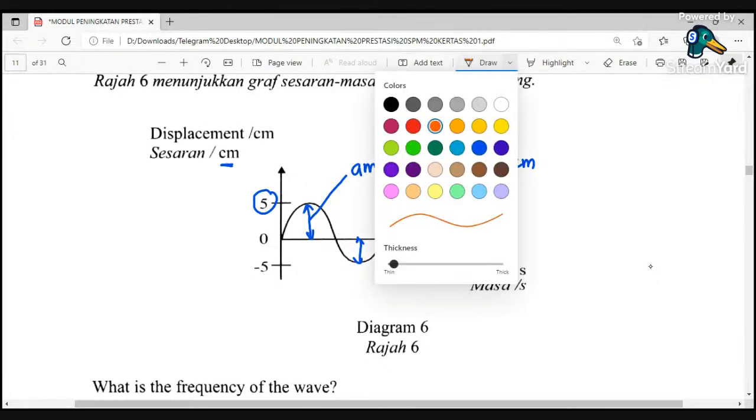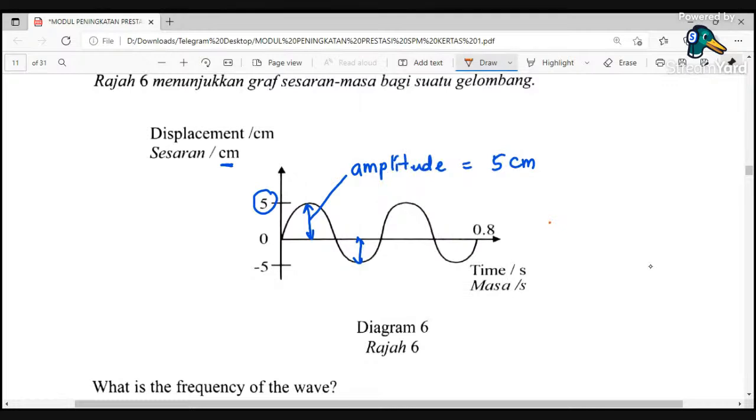How to calculate number of wave? 1 crest, 1 trough. So ini panggil 1 complete wave. Okay, the time taken we call it period. So maksudnya sini ialah period. Okay, value tak bagi, you kena kira dari sini lah. So we have how many wave?